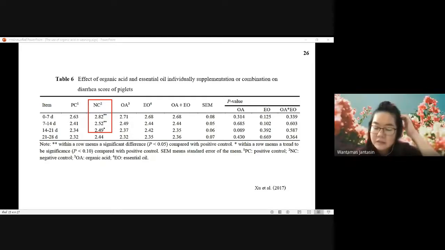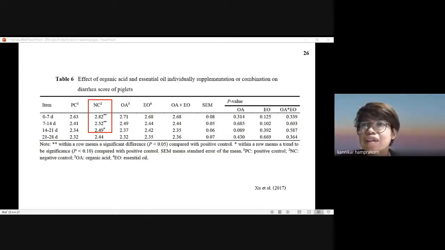But in this table is diarrhea score, right? Yes, effect on diarrhea score. So if it is not significant, why do we have to supplement? It is the same as the positive control and negative control. But why do we have to use the organic acid?